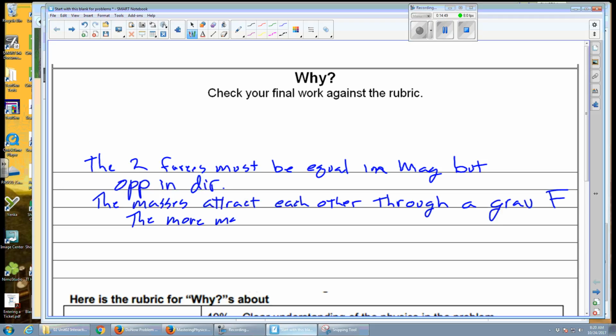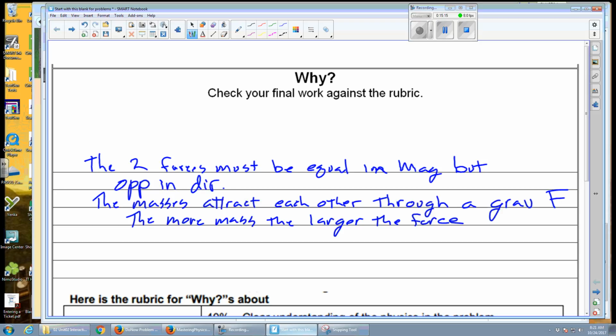The more mass, the larger the force. Is how far apart the cans are contributing to the force at all? Now, what happens if I move them further apart?